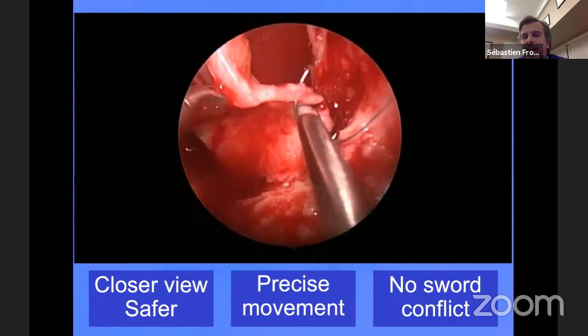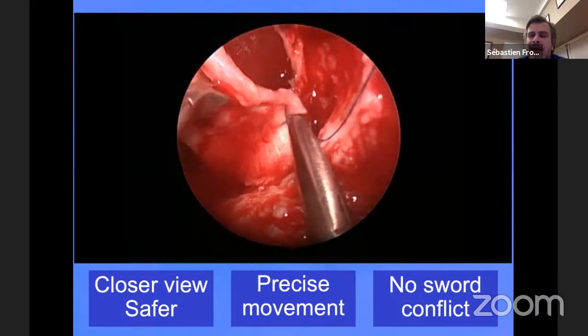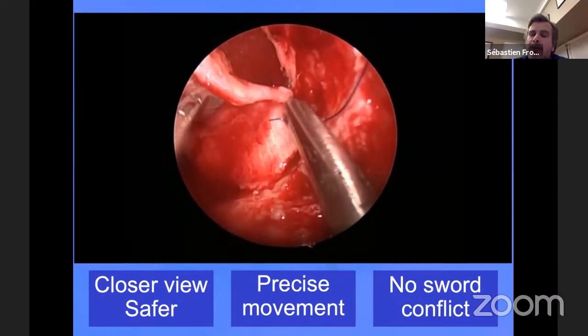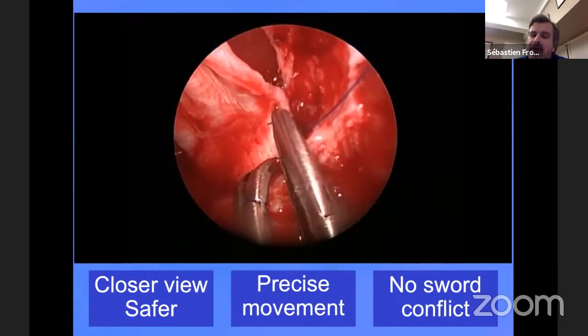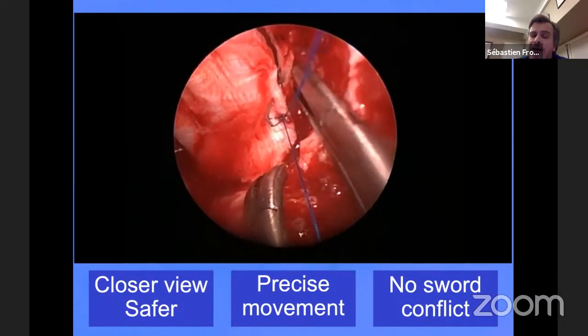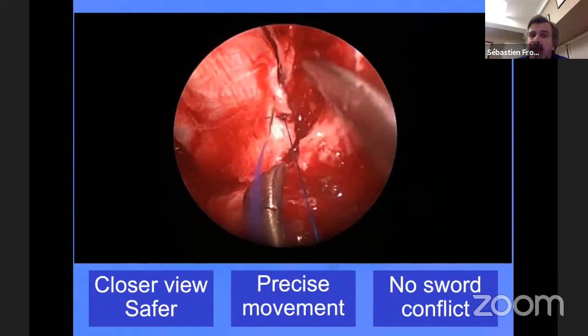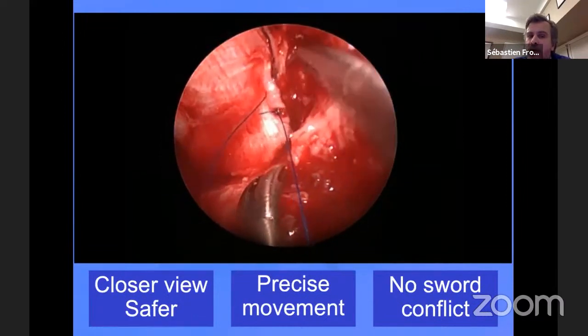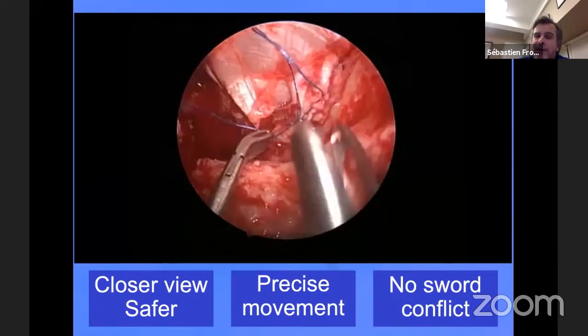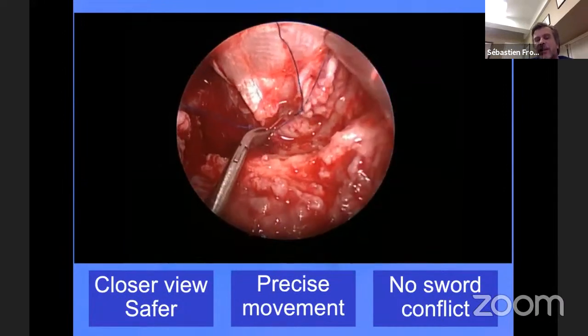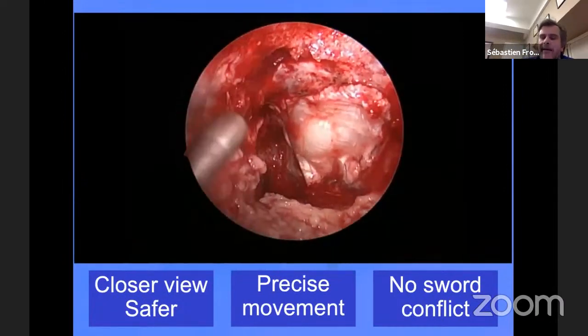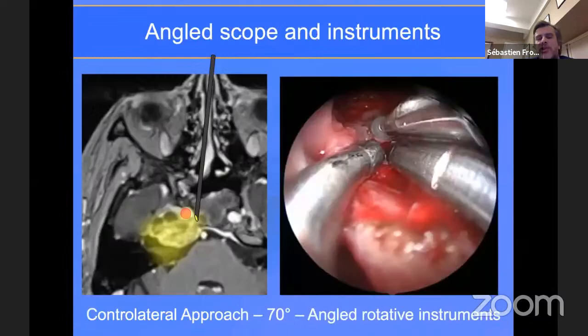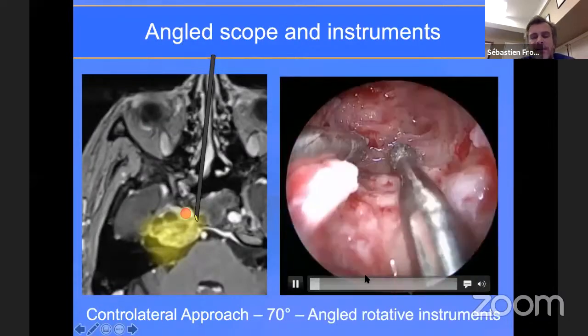And one of the main issues with the endoscopic endonasal technique is that when you want to be very close with the tip of your endoscope to what you are actually doing with your instruments, then you increase the sword conflict between the endoscope and the instruments. If you hold everything, then you don't have this issue of sword conflict.